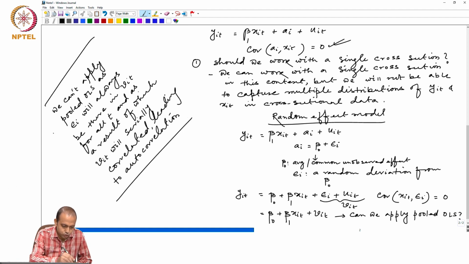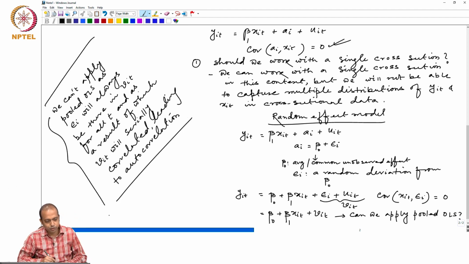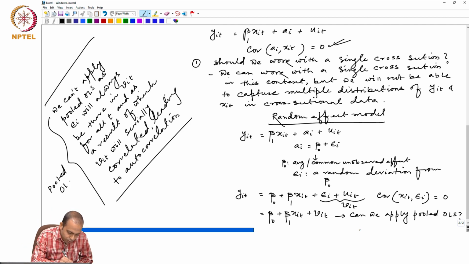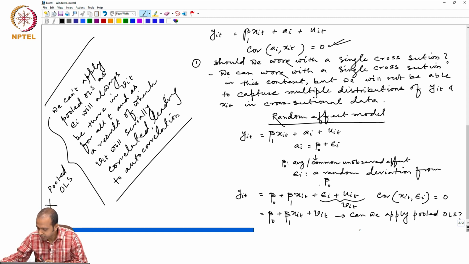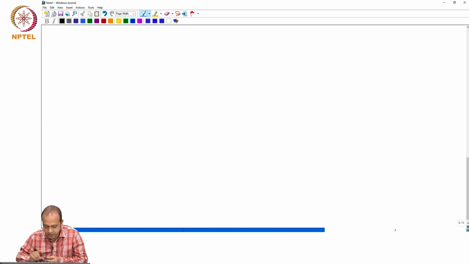So, pooled OLS is not applicable. This is the justification. Then what will we do? We will make a different type of transformation when our model is this.